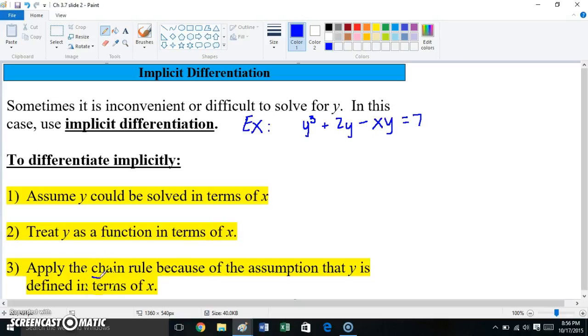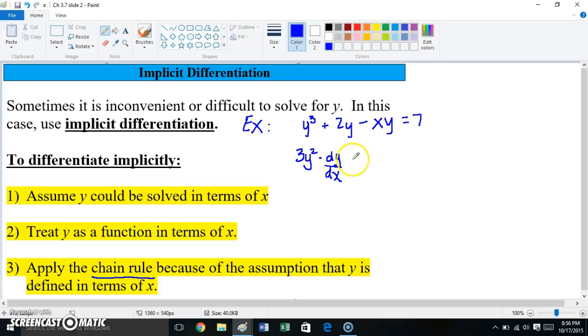Then every time we take the derivative, because y is a function of x, we have to apply the chain rule. So in this example, if I wanted to take the derivative, I would say 3y squared is the derivative of y cubed, but y is a function in terms of x, so I'm going to also multiply by the derivative of y with respect to x.